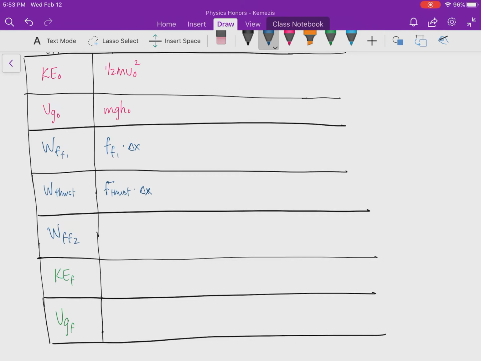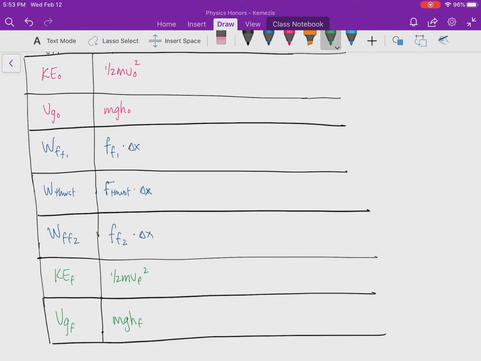The work of force of friction 2 is going to be the force of friction 2 times its displacement. Kinetic energy final is 1/2 mvf squared, and the final potential energy is mghf, where hf is the height that it lands at. Okay, so here we're just expanding. We're saying, how are we going to define these variables?